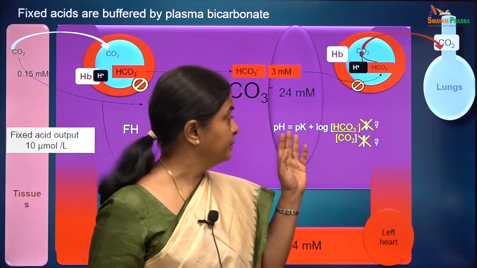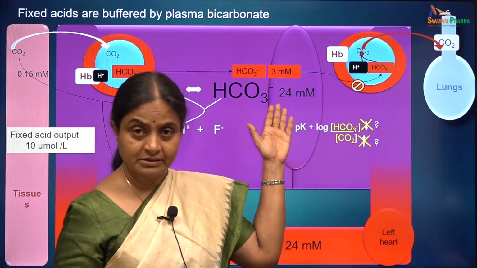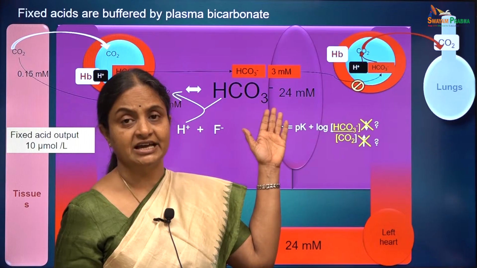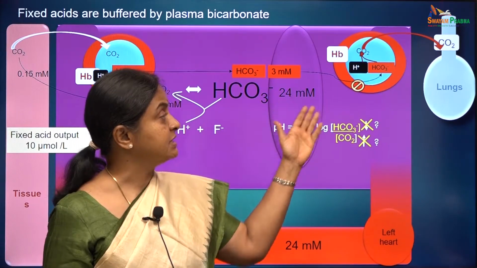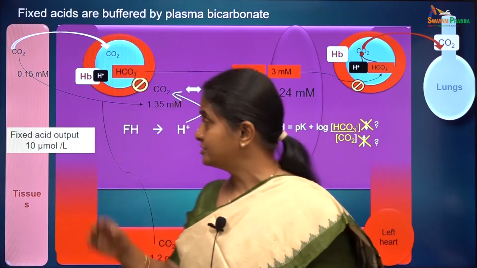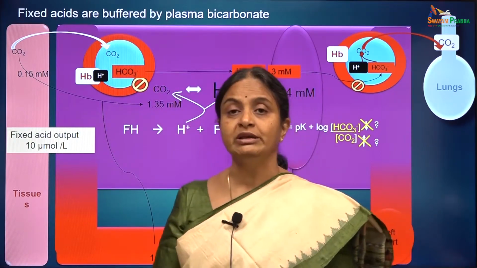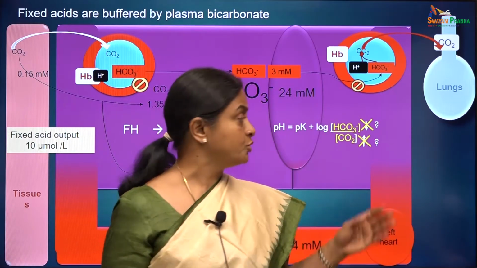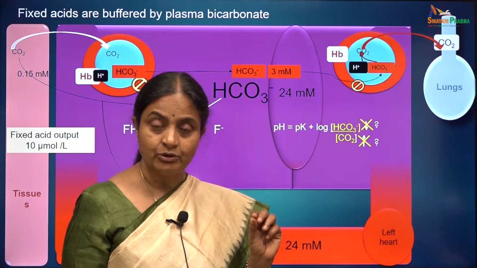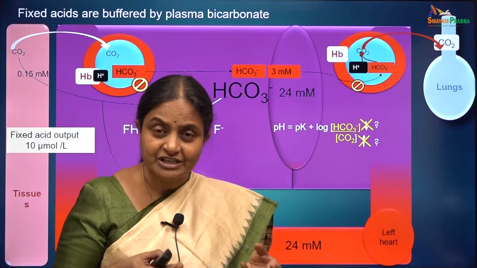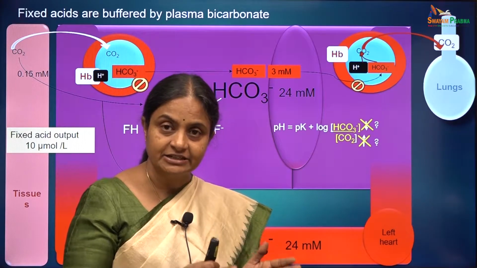The bicarbonate concentration is more than 1000 times that of the new protons coming in. It is in millimolar concentration. Carbon dioxide is also in millimolar concentration. So any change in the real concentrations is going to be imperceptible, very small, considering that single liter of blood.